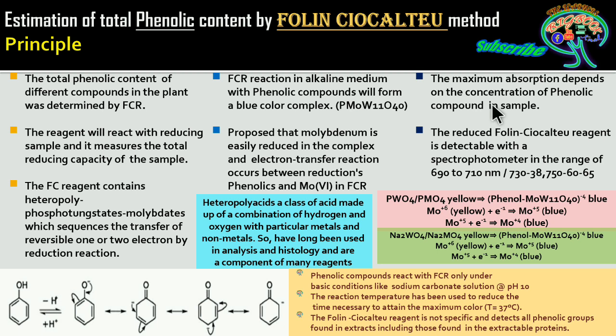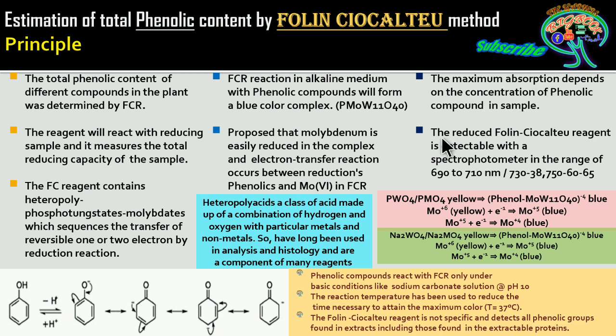In the sense that whatever the phenolic content will be present, it has to get reacted with the FCR. So it is directly proportional that the phenolic compound concentration is going to give the color after the reaction, so it is going to give the particular maximum absorption.